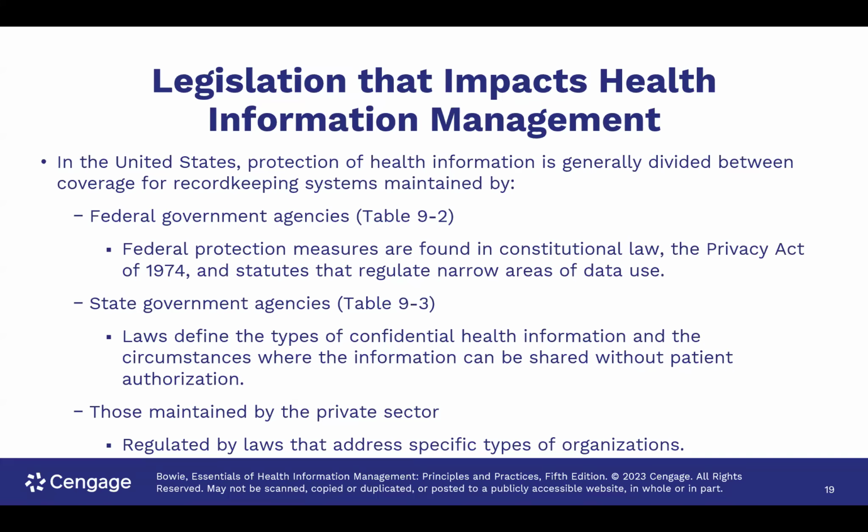These laws define the types of confidential health information and the circumstances where the information can be shared without patient authorization. And then finally, we have information that's maintained by the private sector. These are regulated by laws that address specific types of organizations.